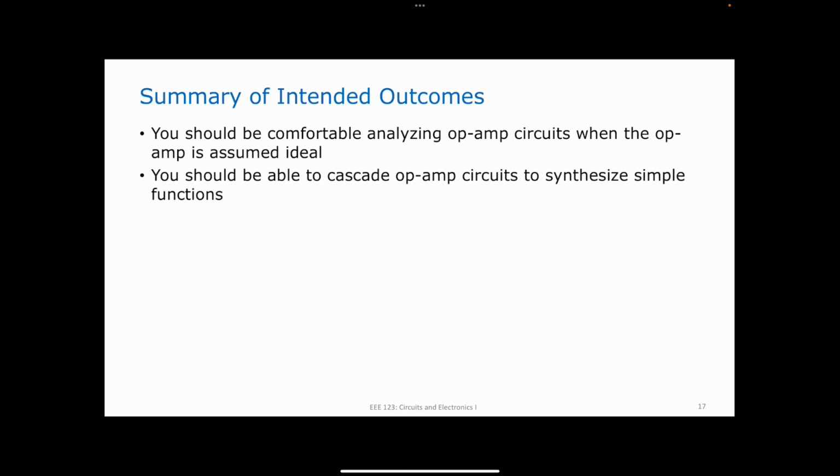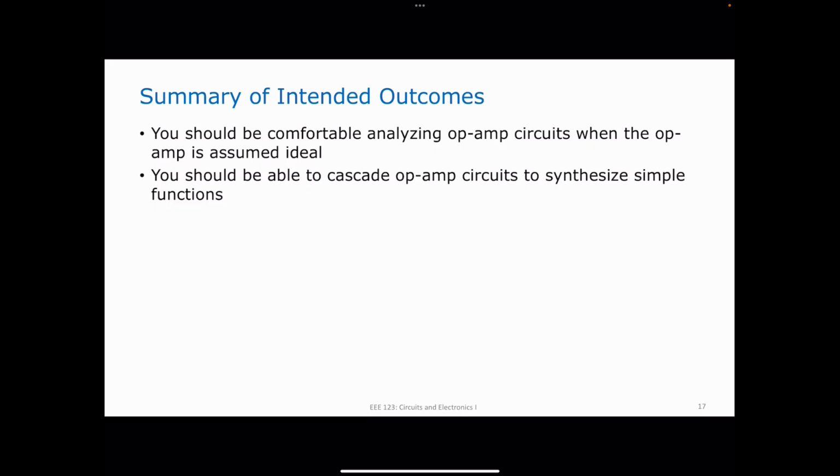In summary, you should now be comfortable analyzing op-amp circuits when the op-amp is assumed ideal. And you should be able to cascade op-amp circuits to synthesize simple functions. So you're not expected to synthesize very complicated functions yet. But you should be able to synthesize simple functions. Okay.